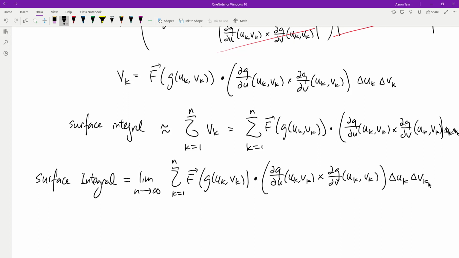And yes, if you're thinking, isn't that a Riemann sum? Yes, it is a Riemann sum.